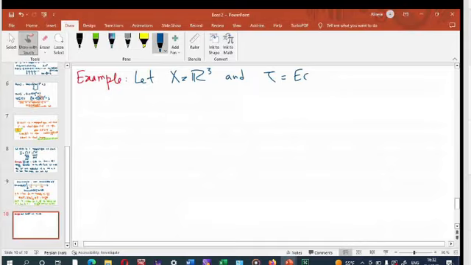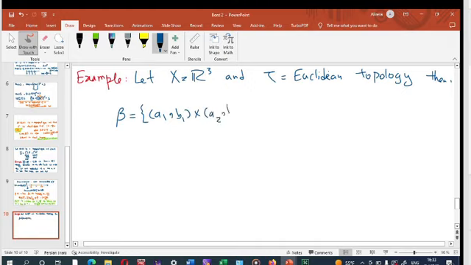Euclidean topology. Then this is a base beta equal to the set of all open boxes such as this, with a_i, b_i belonging to R, is a base for the Euclidean topology.